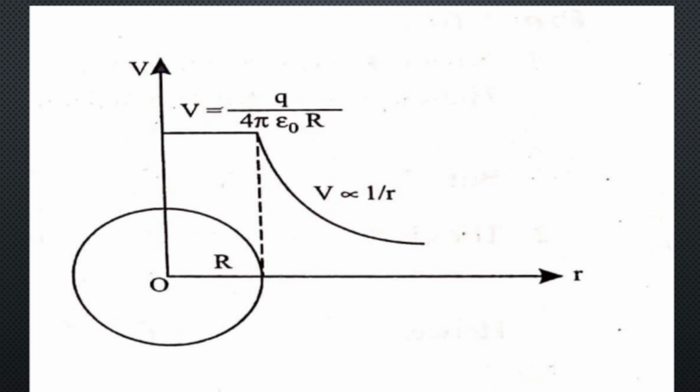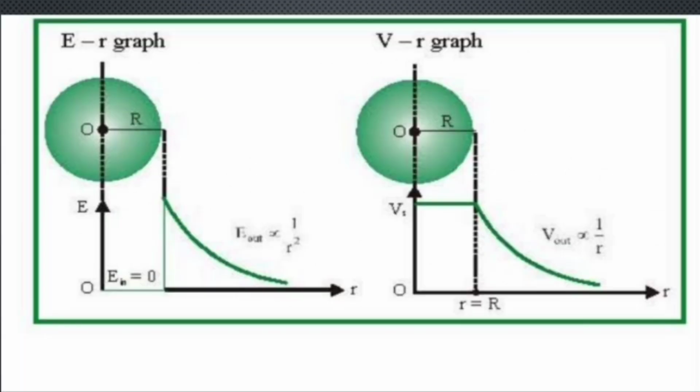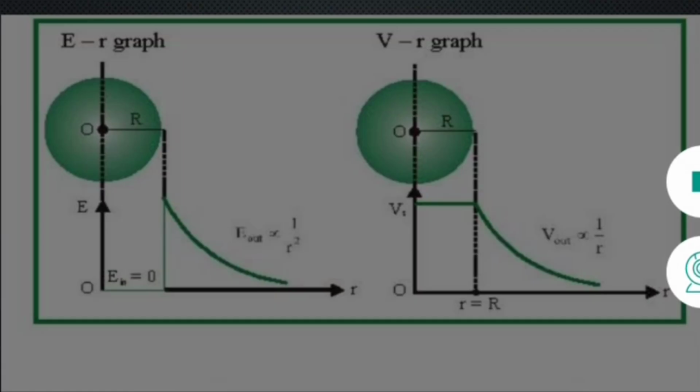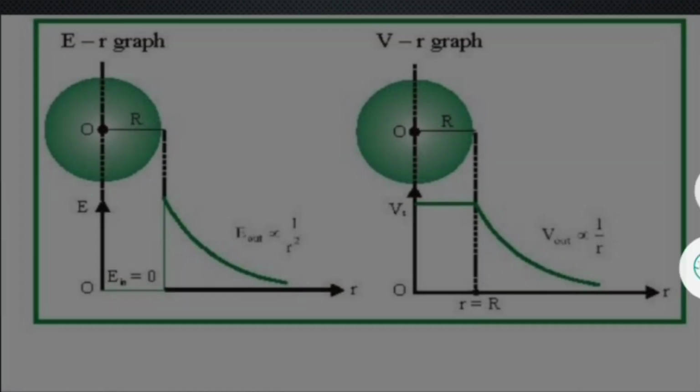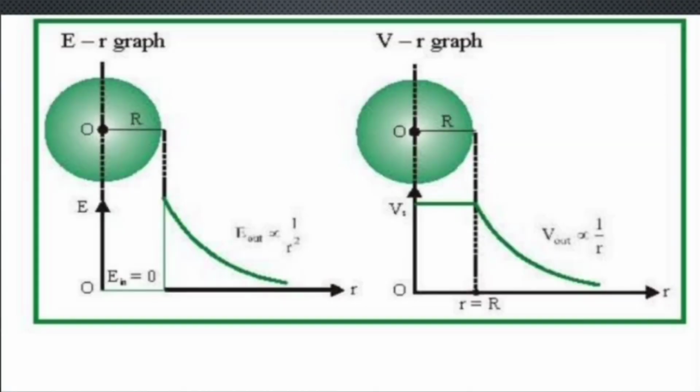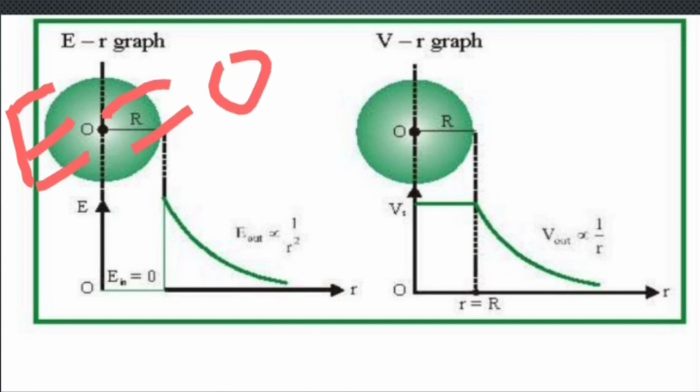Now you need to compare the structure of this graph with the structure of the graph of E. This also comes a lot in the board paper. Can you identify the difference between these two figures? Yes, of course you can. For the spherical shell, E equals 0 inside it, right?